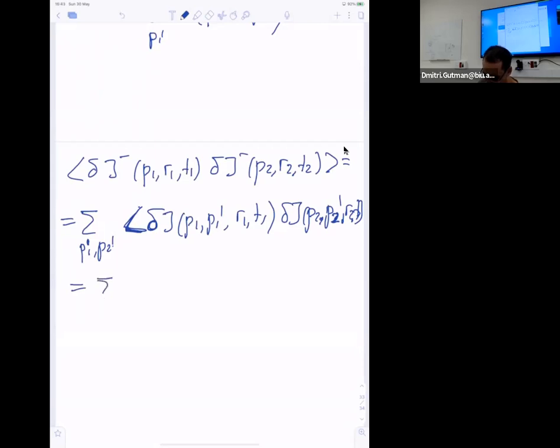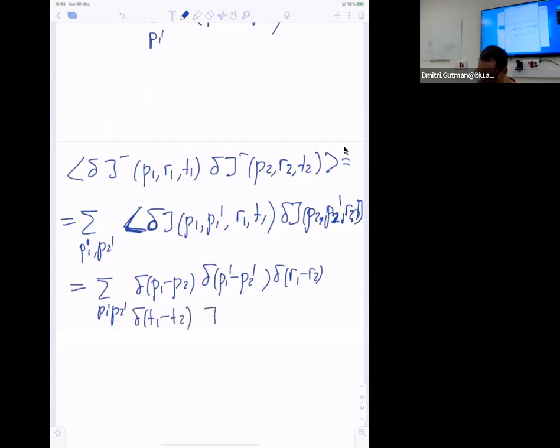And I'm getting the sum over P1 prime, P2 prime, delta of P1 minus P2, delta of P1 prime minus P2 prime, delta of R1 minus R2, delta of T1 minus T2, and the flux that goes from P1 to P1 prime.